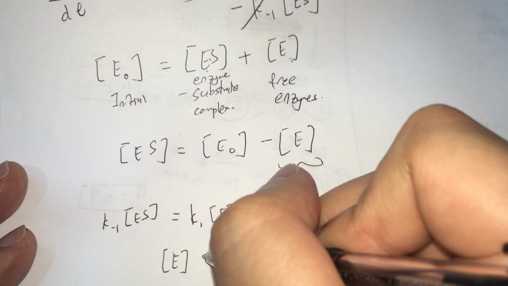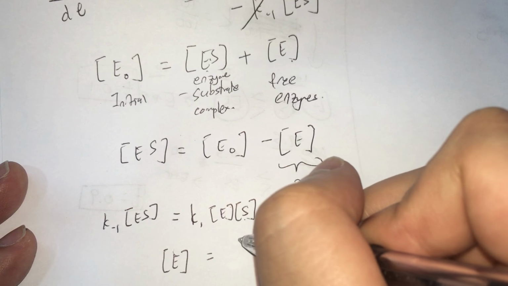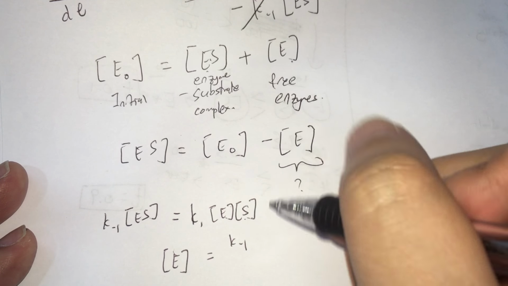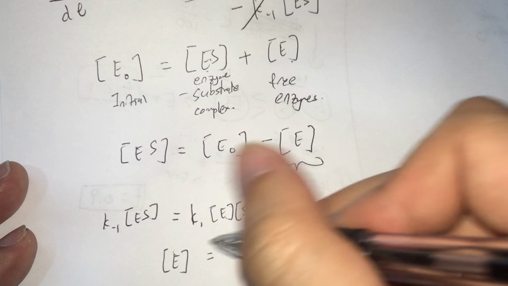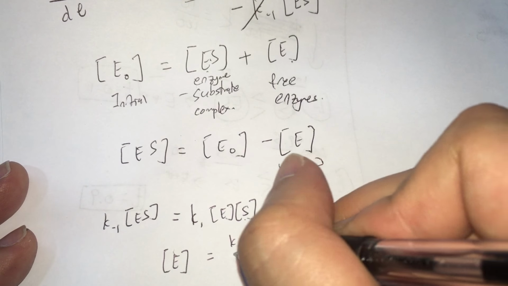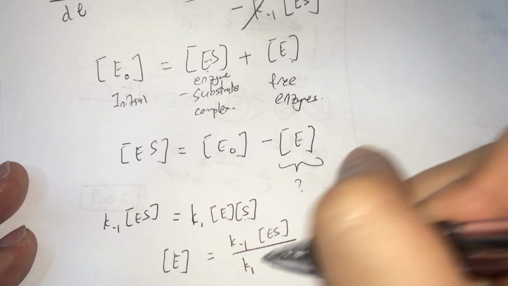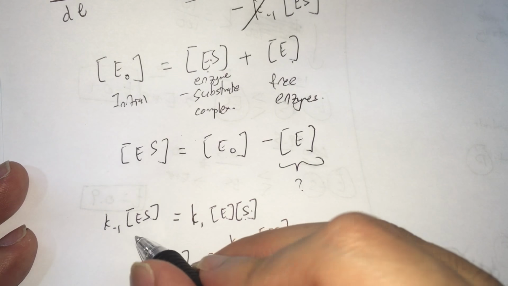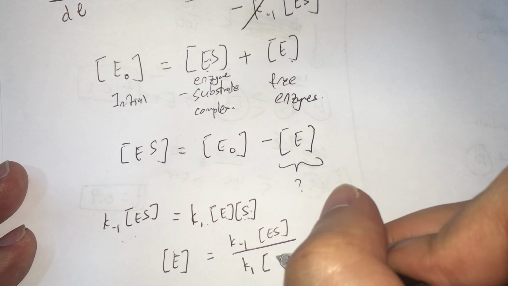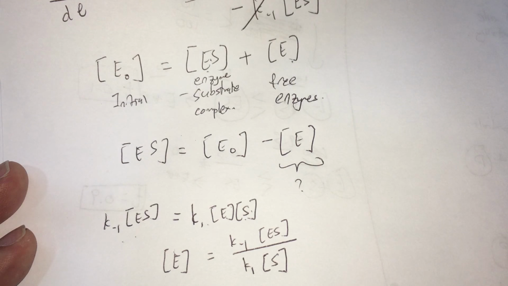Let's bring this to the other side, k inverse, the backward rate, times ES over k1, so divide that on both sides, and you'll have this kind of situation.